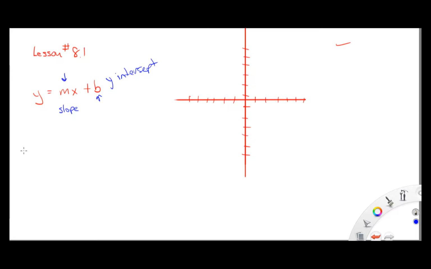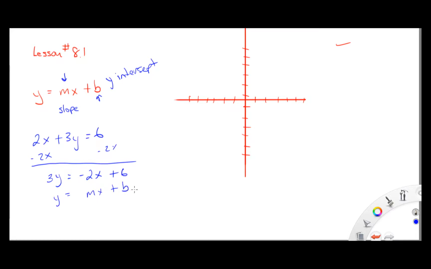So let's go back to our equation. We had 2x plus 3y equals 6. We subtracted 2x from this side, we subtract 2x from this side, we ended up with 3y equals -2x plus 6. This is in the y equals mx plus b format.